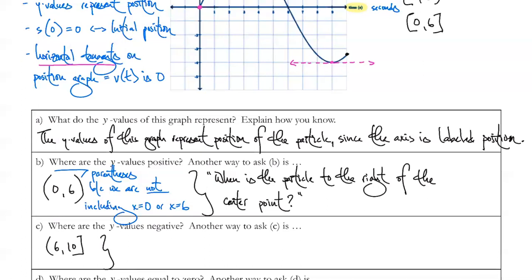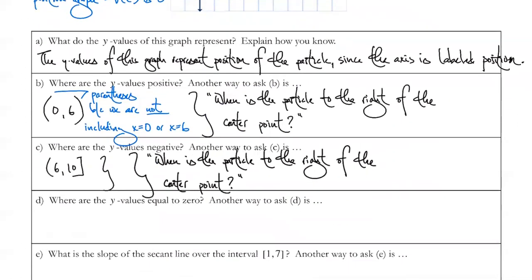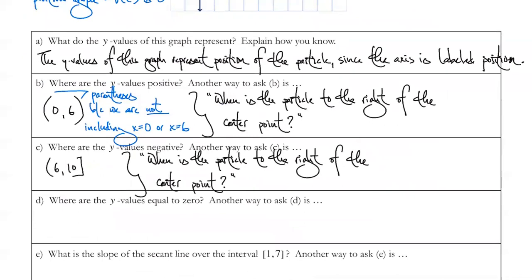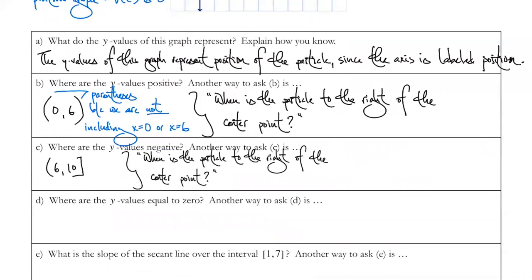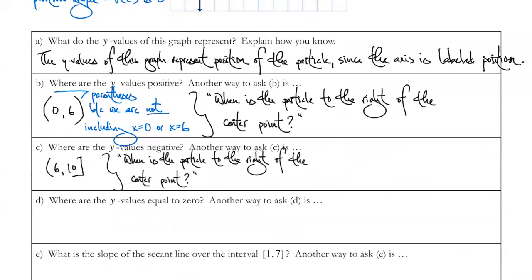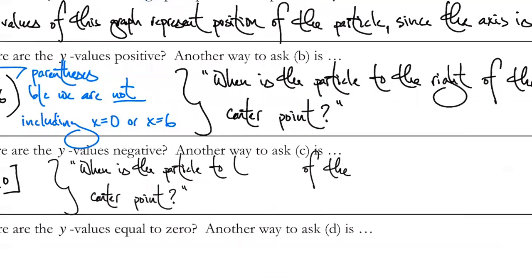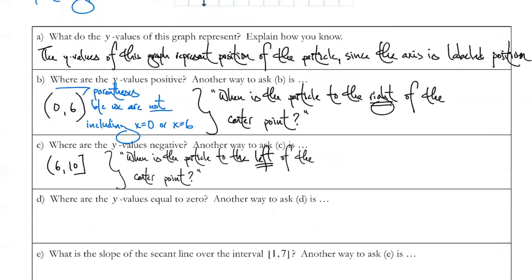Okay. So I'm going to cheat a little bit. I'm going to copy and paste this. And we're going to shrink this to make it fit. So another way of saying where the y value is negative is to say, when is the particle to the left, not the right, but to the left of the center point?